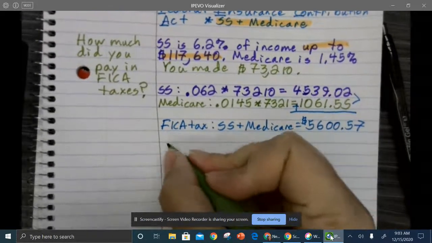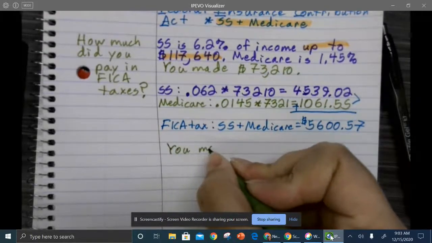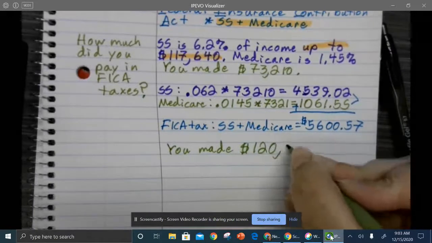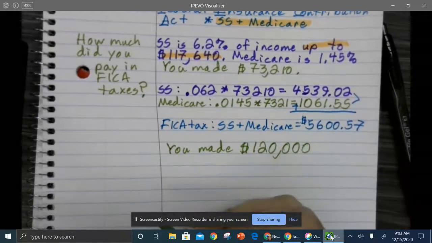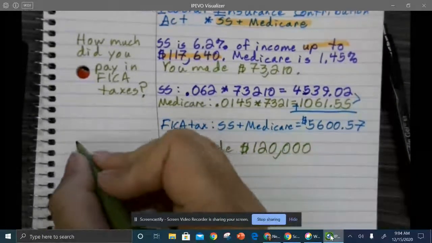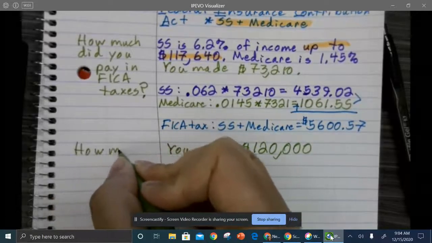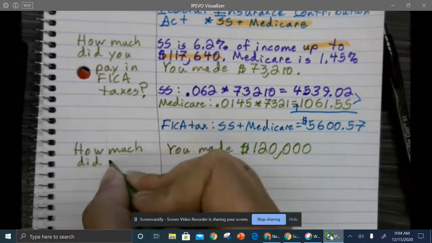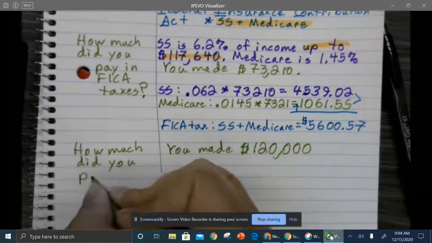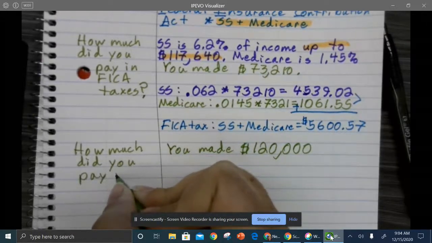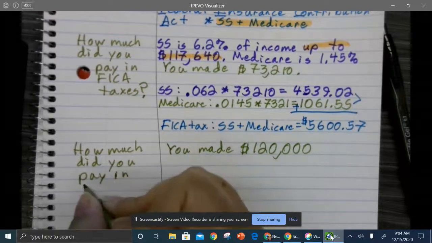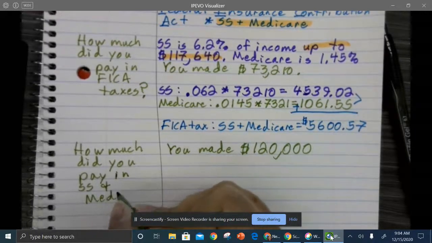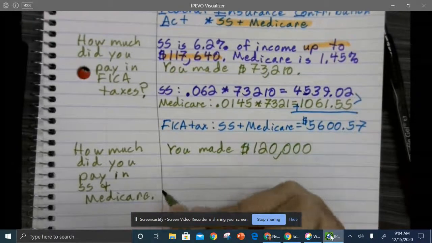Okay. So what if you made $120,000? Okay. How much would you pay in Social Security and Medicare? Okay.